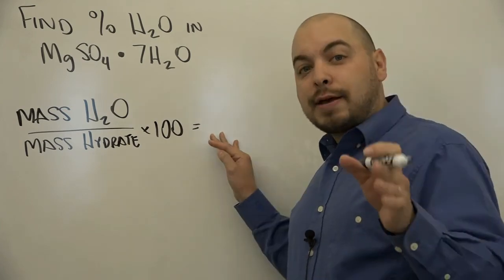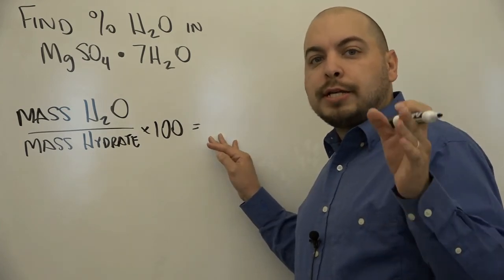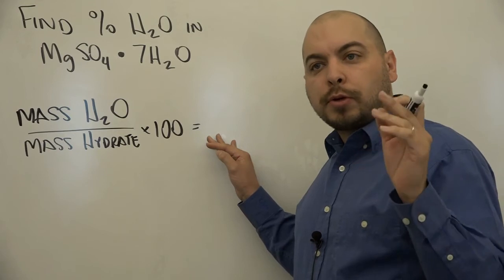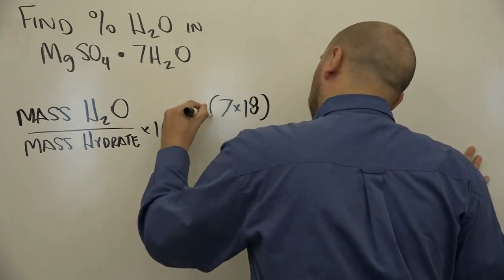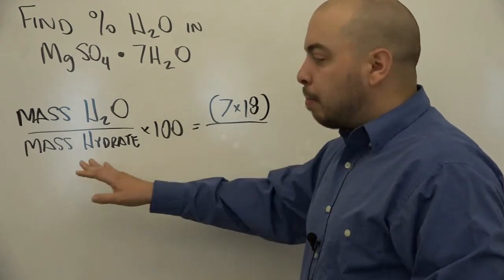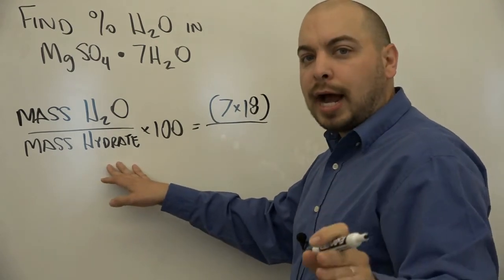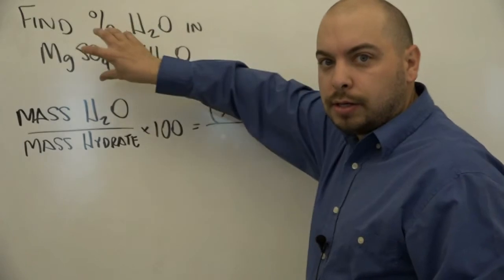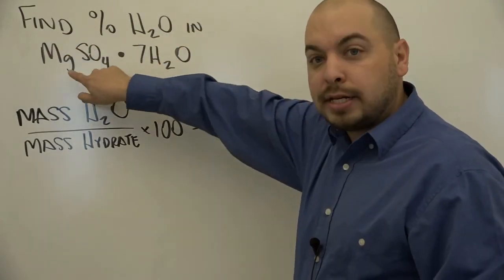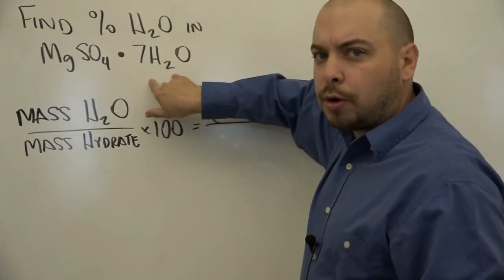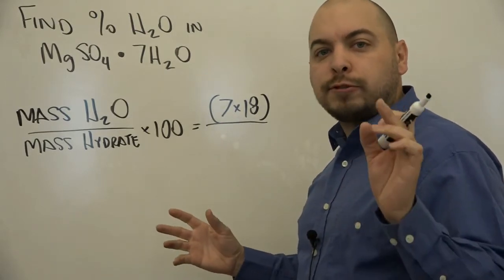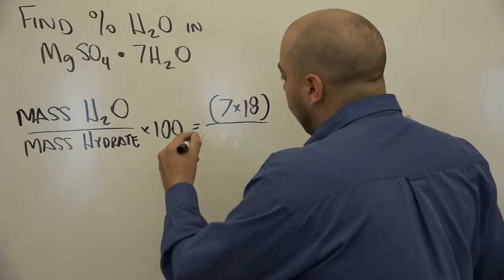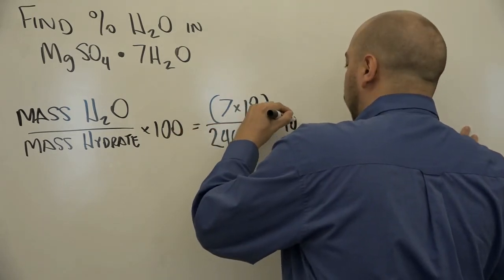Now, there are 7 water molecules, each which weighs 18 grams per mole. So we're going to multiply 7 times 18, and divide that by the mass of the hydrate. When we look at the mass of the hydrate, that's the entire compound, both the magnesium sulfate and the 7 water molecules. That gives us a total molar mass of the hydrate of 246.5 grams per mole.